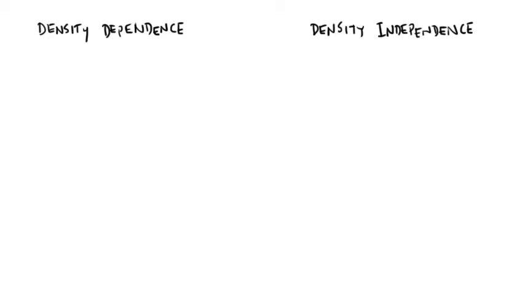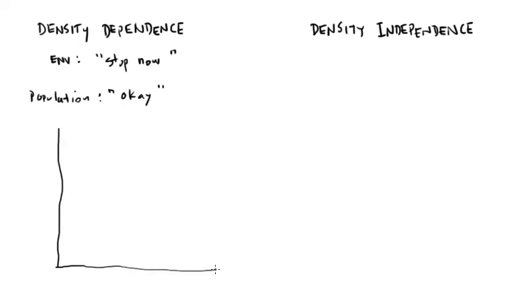As populations increase in size, the growth rate slows, stops, and even reverses into the negative range as the result of constraints imposed by the environment. Basically, the environment tells the population, okay, that's enough, you need to stop growing now, and the population obeys and stops its growth. But not all species do that.